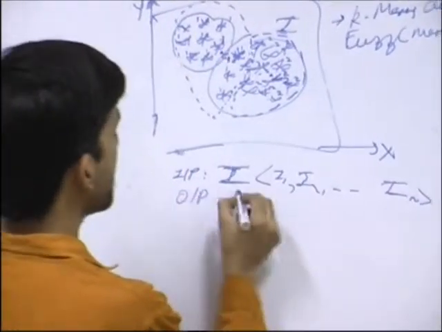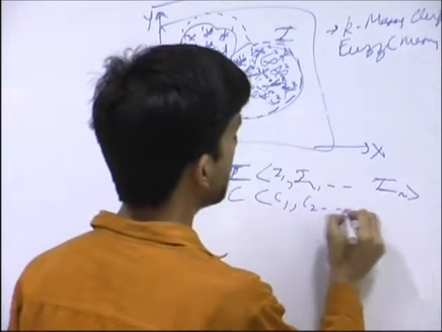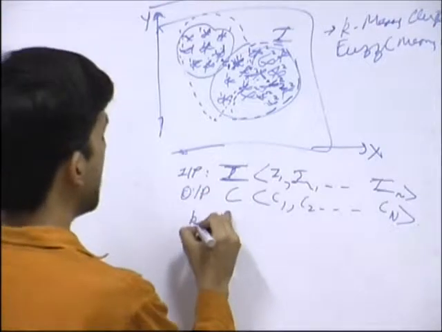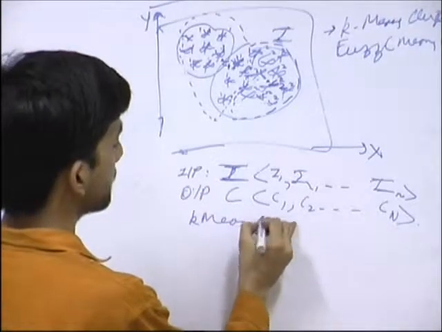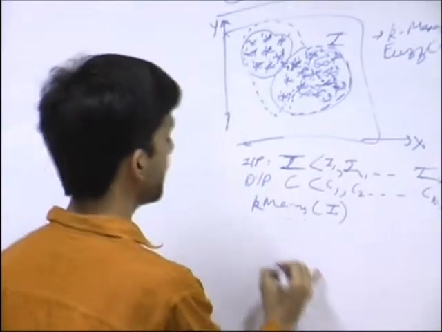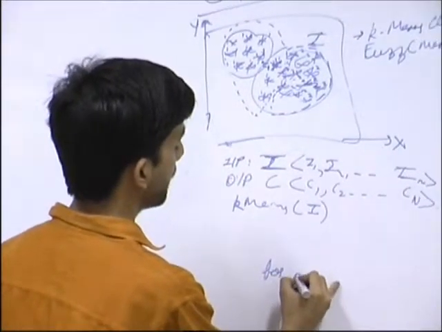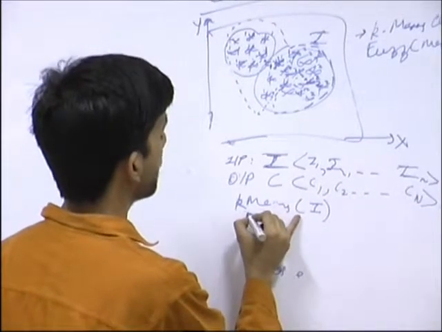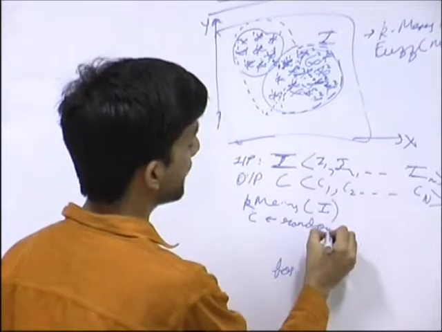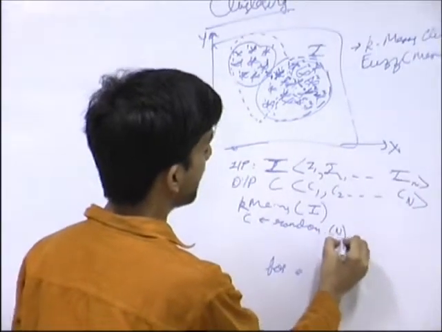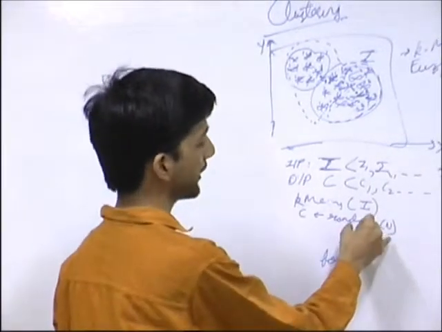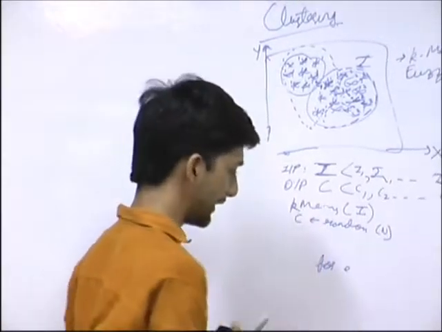My outputs are a set of clusters C1, C2 up to CN. Using this input, the algorithm assumes a random set of n p-dimensional array numbers. This is what I assume will give me random C cluster centers.